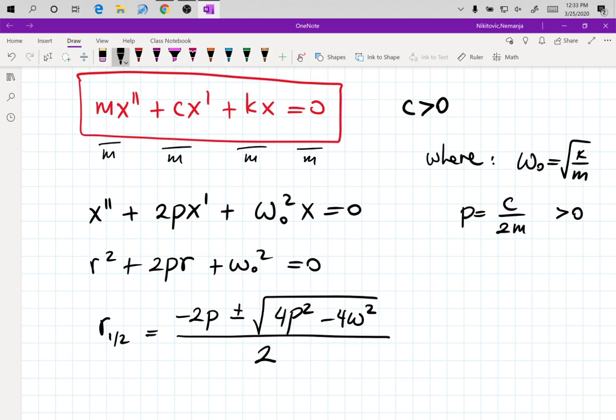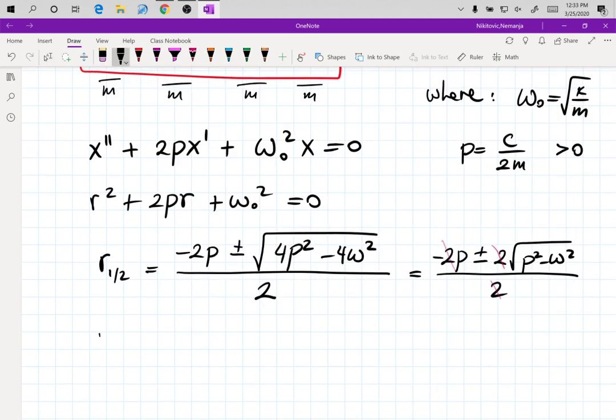Perfect. So now we kick out 4. We'll have 2 square root of p squared minus omega squared divided by 2. The 2's will cancel for both parts of the fraction, and we get our R12 to be negative p plus minus square root of p squared minus omega 0 squared. I forgot omega 0. There we go. Omega 0 squared.